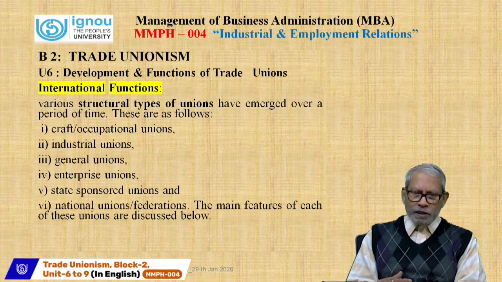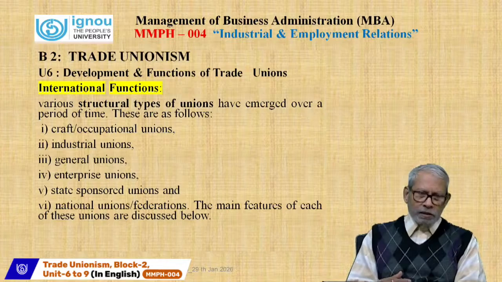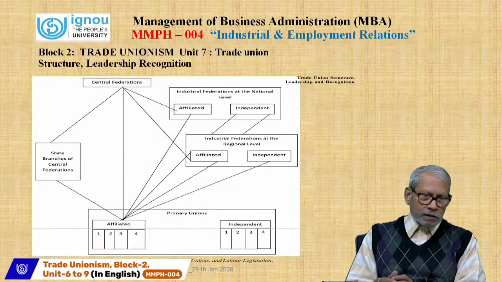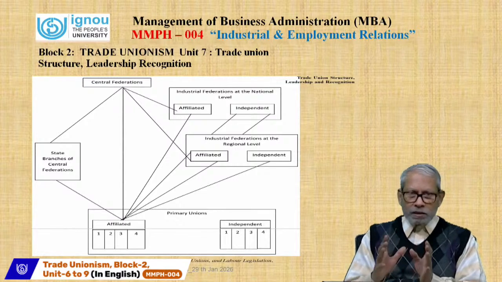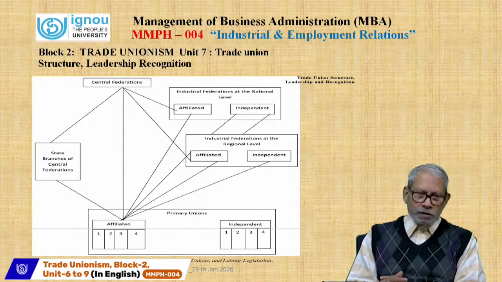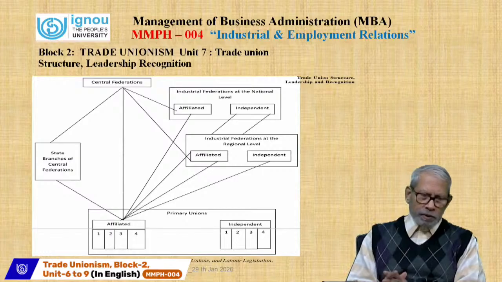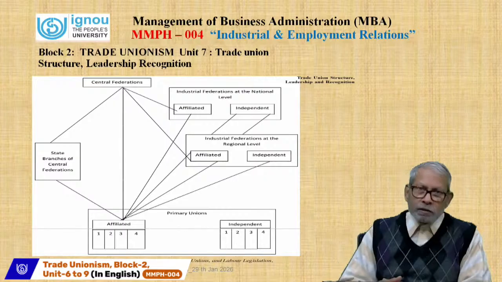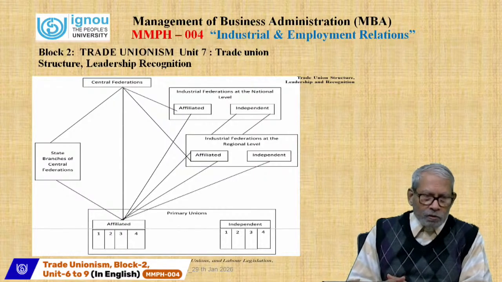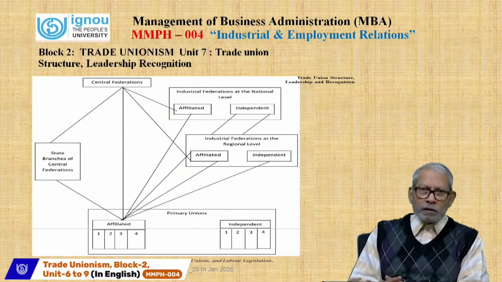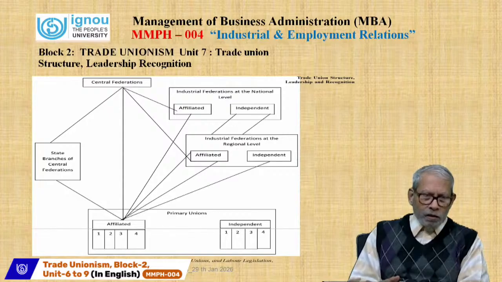The main feature of each of these unions is discussed in the next slides. There are structural aspects, the leadership and recognition, independent and affiliated unions, and some state branches. This is a typical diagram showing the structure of these things.